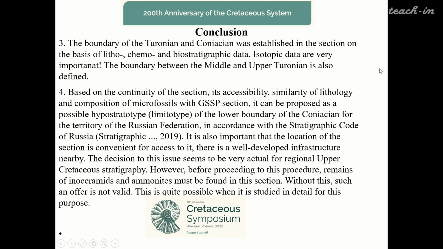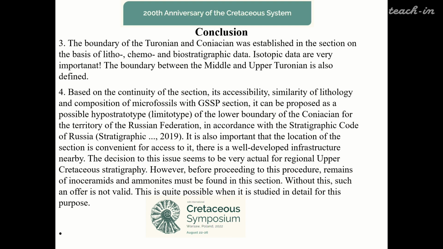Based on the continuity of the section, its accessibility, and the similarity of lithology and composition of microfossils with the GSSP section, it can be proposed as a possible hypostratotype of the lower boundary of the Coniacian for the territory of the Russian Federation, in accordance with our stratigraphic code.